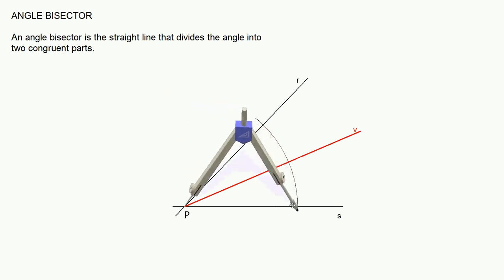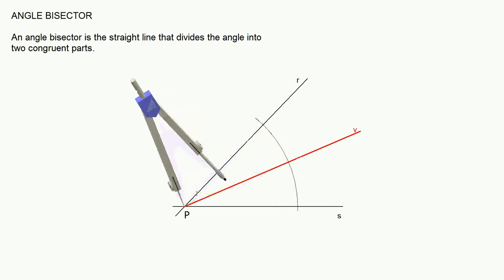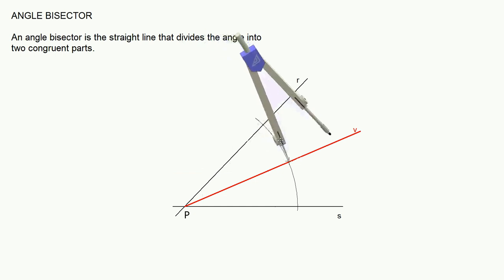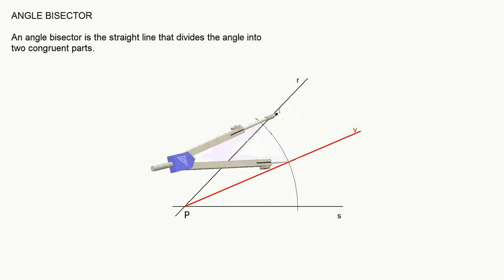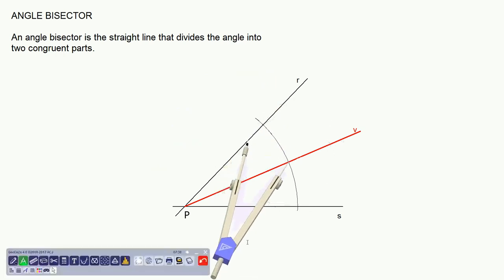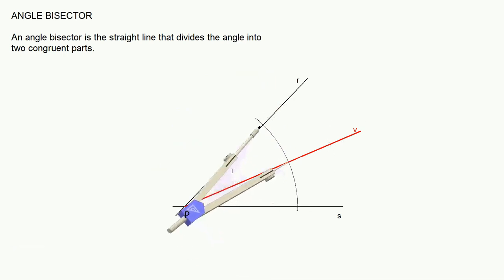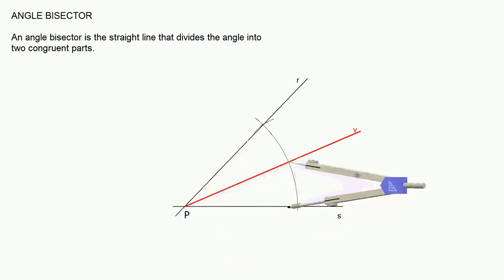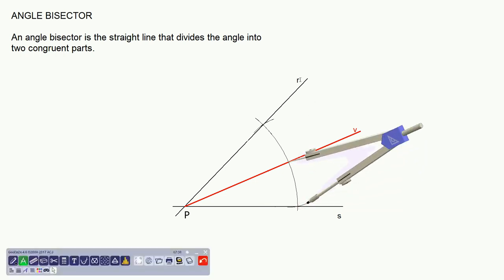We draw an arc of circumference, we place the compass in the middle, and the angle should be the same. As you see, those two angles are the same, so the angle bisector is the line that divides the angle into two congruent parts.